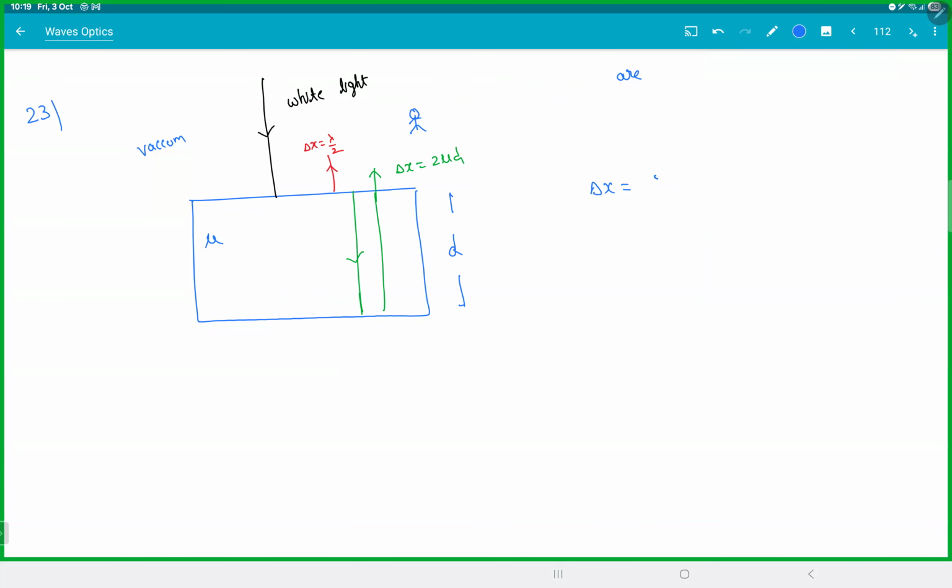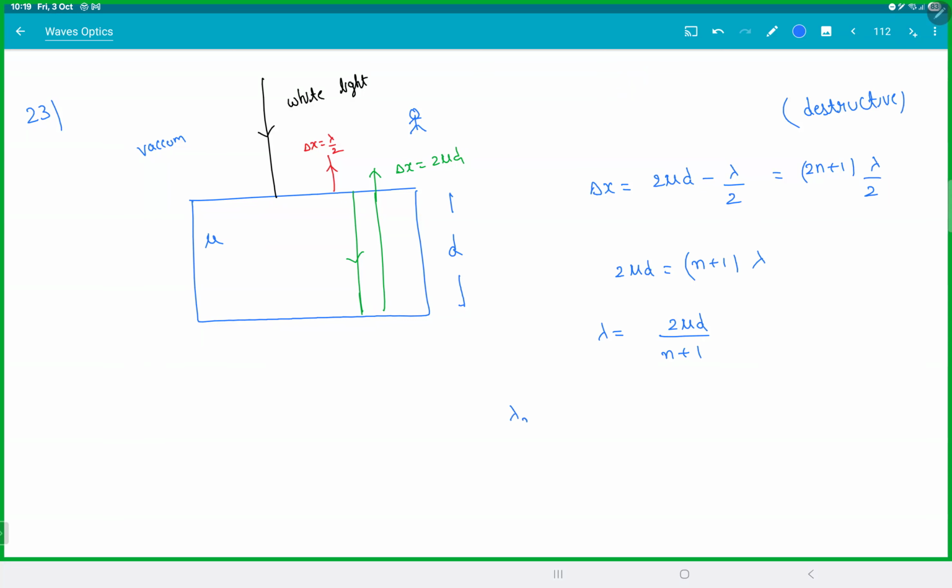So the path difference will be 2 mu d minus lambda by 2. You want to find the missing wavelength. So this is 2n plus 1 lambda by 2, destructive interference. So this will be 2 mu d is equal to n plus 1 lambda. Lambda will be 2 mu d by n plus 1.